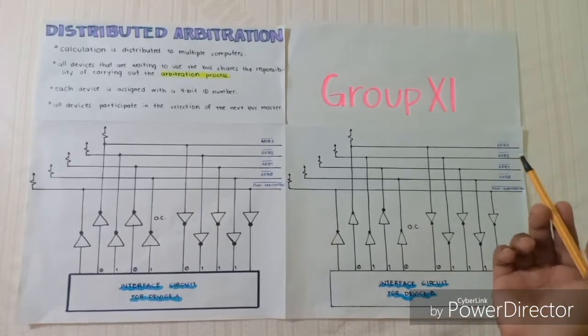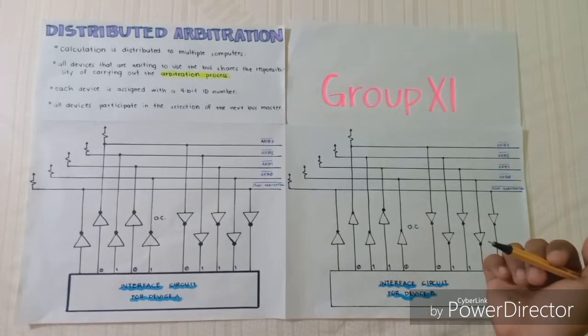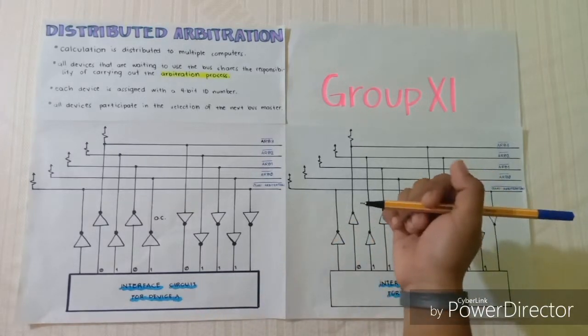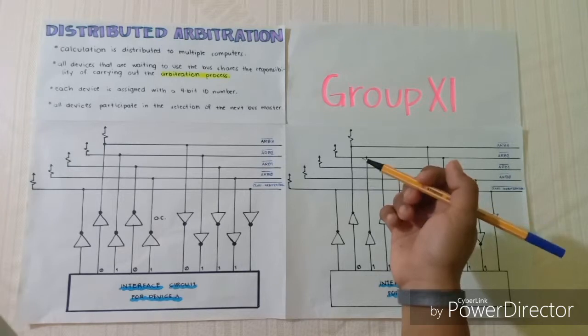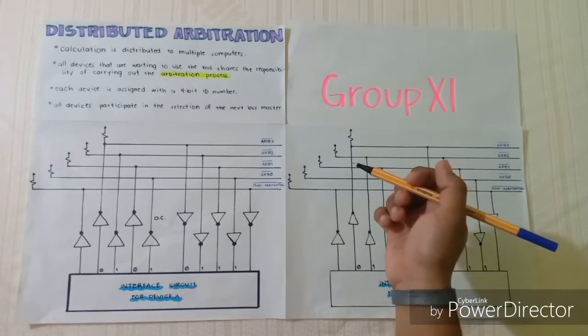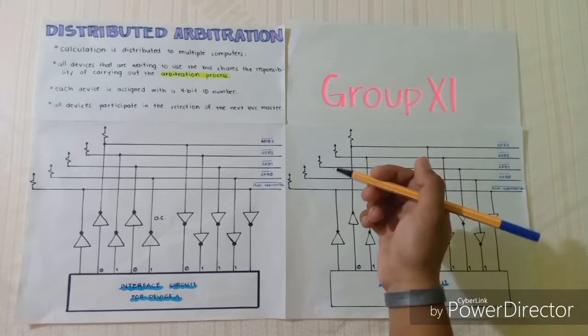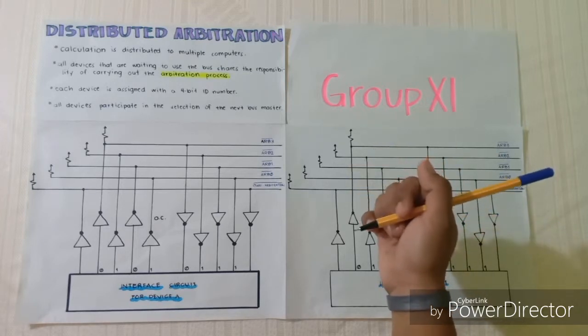Each device compares the pattern on the arbitration lines to its own ID, starting from the most significant bit. If it detects a difference at any bit position, it disables its drivers at that bit position and for all lower order bits. It does so by placing a 0 at the input of the drivers.